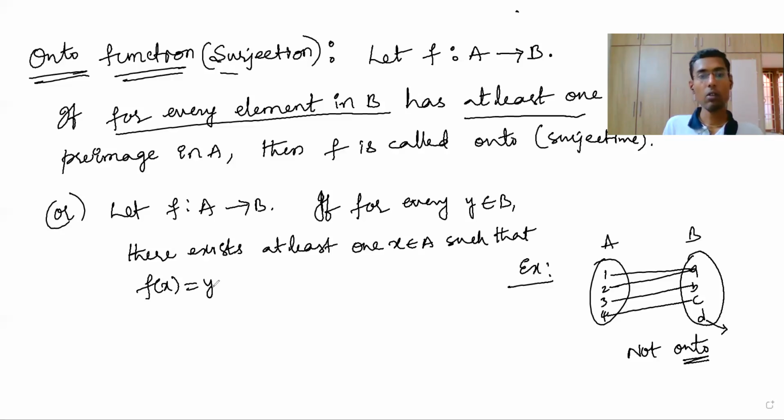Very simple. Instead of telling X is a preimage of Y, I wrote F of X equal to Y. That's it.